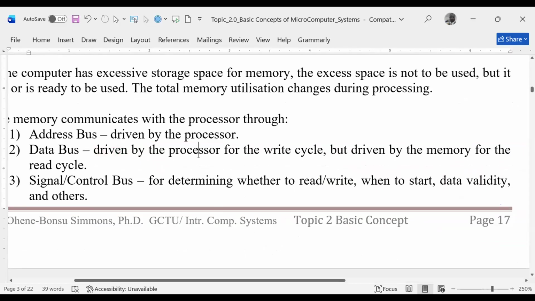Okay. So, address bus, no. Read to your hearing, your own. Just 10 seconds, then we go to the next slide. Okay, sir, I'm done.